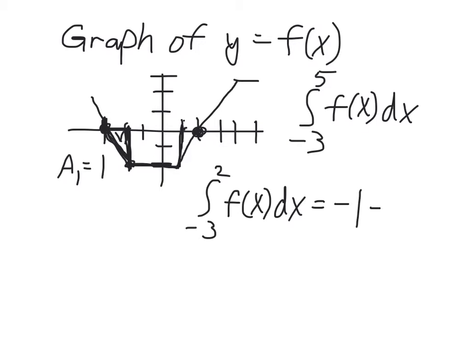Again, because it's under, we go -6. And then finally this triangle, again, an area of 1. Okay, so from -3 to 2, integrating that function, we get -8. And then from 2 over to 5, to finish out the definite integral, well, let's see, we'd have area here.